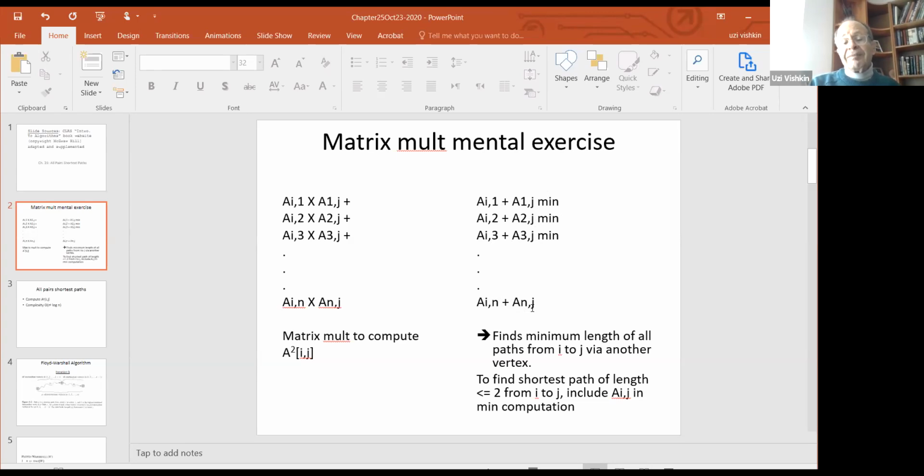And in particular, I'm going to include a stop at i itself, which means that this distance will be 0, so it will include also the case where I go directly from i to j. So all these k stops, n stops between i and j, and taking the minimum over all of them, I find the minimum length of all the paths via another vertex, including itself.